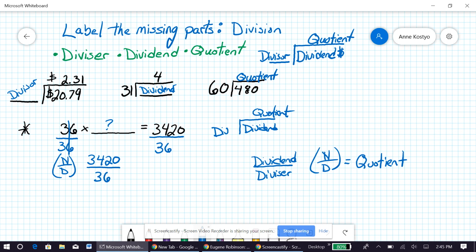Well, we've got it to a point where we are solving for this blank or this question mark. I'm going to rewrite this fraction. What I did is I made my division symbol, and I like to use the term the top always falls down.